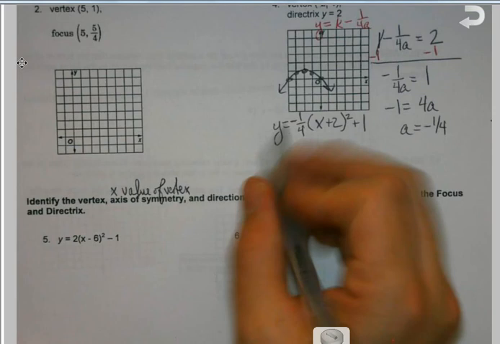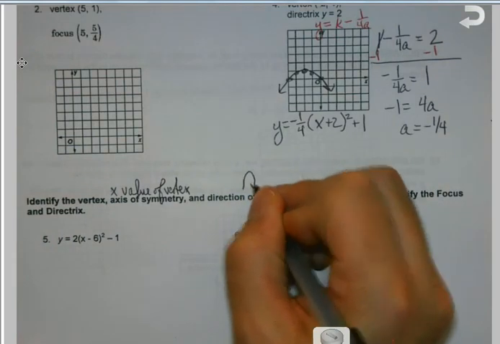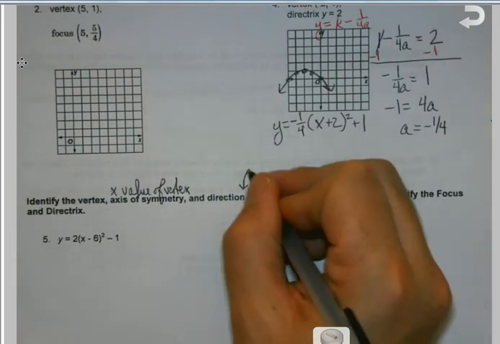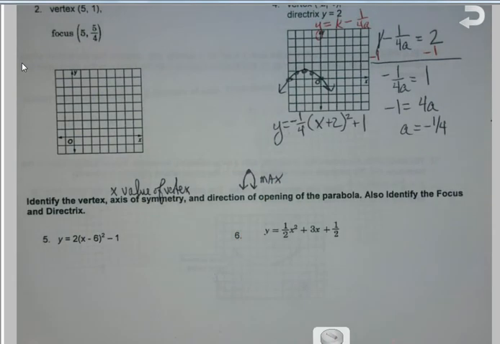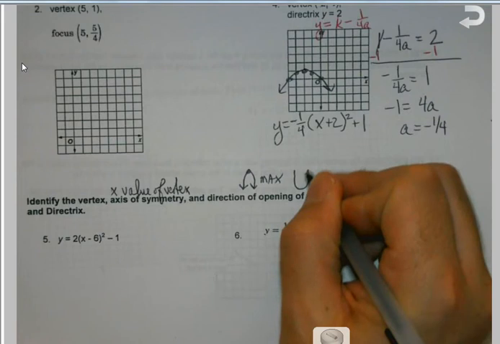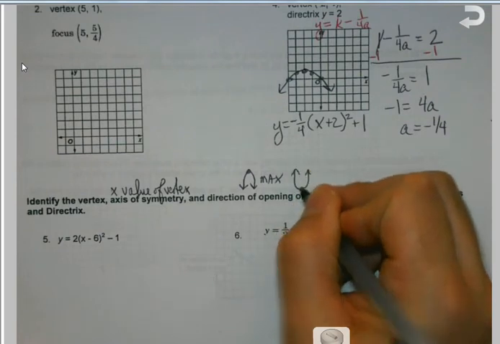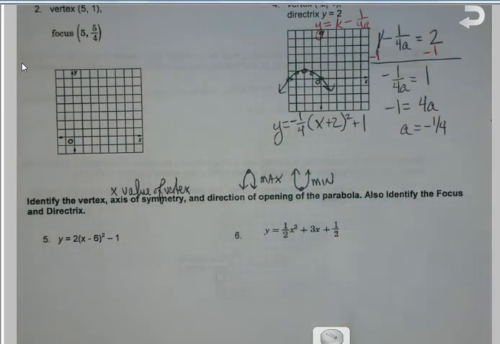If I notice that it's opening down, remember, that's going to have a maximum value because the point where it changes is at the very top of my graph. If it opens upward, I'm going to have a minimum because that turning point's at the very bottom of my graph. So you may be asked a question here or there, is there a maximum or a minimum? Which direction is it opening? And again, that all depends on our a value.